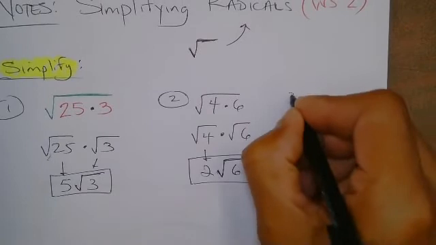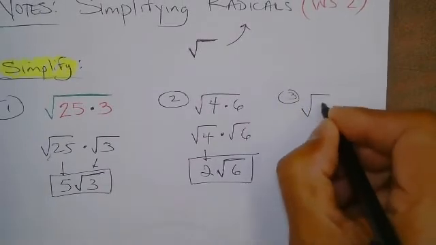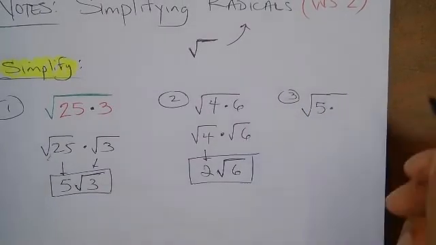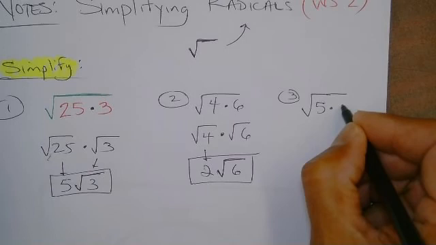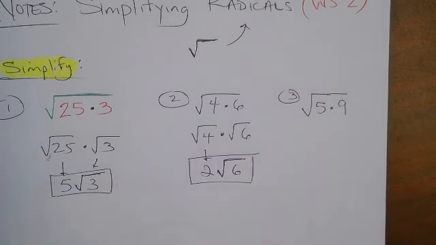Okay, how about number 3? How about the square root of 5 times 9? Which one has a perfect square root?